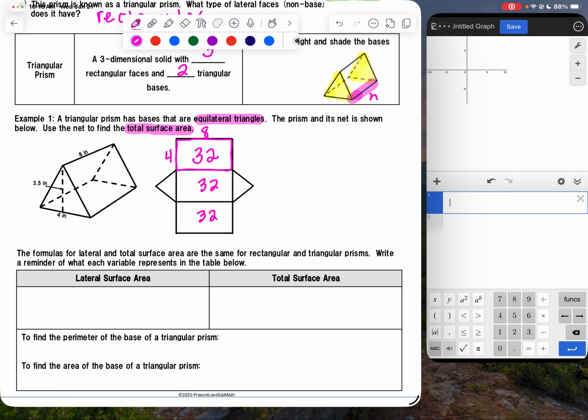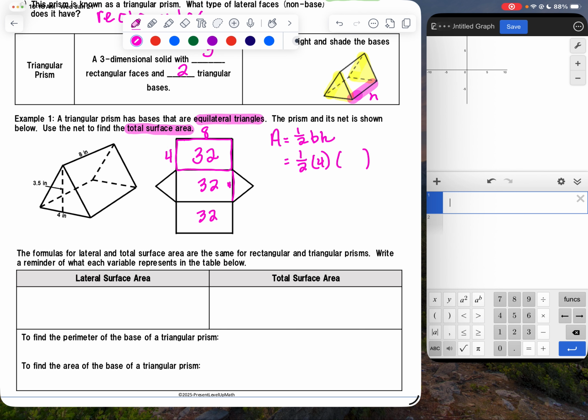Now, to get the area of the triangular region, we have to remember from prior learning that the area of a triangle formula is 1/2 times the base times the height. So in this case, our base of our triangle is 4 units. So I know I'm going to have 1/2 times 4.